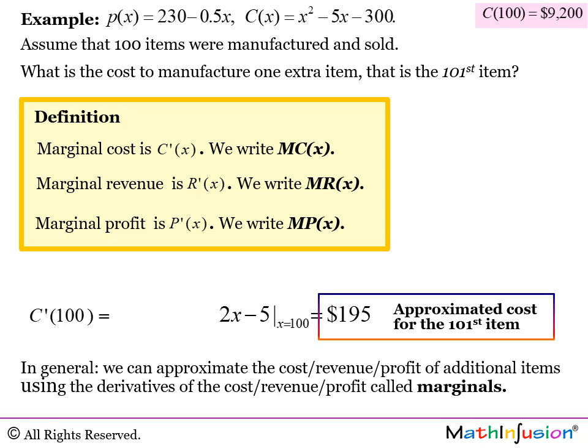Marginal revenue is the derivative of the revenue, and we write MR of x. Marginal profit is the derivative of the profit, and we write MP of x. In our case, instead of C prime of 100, we can just write MC of 100, because this is the marginal cost when x equals 100. And this is the approximated cost for producing the 101st item.